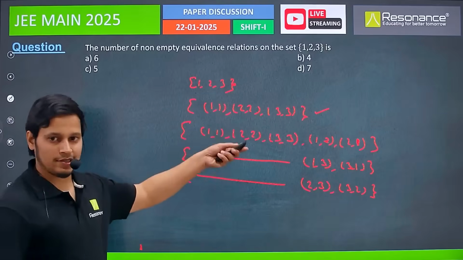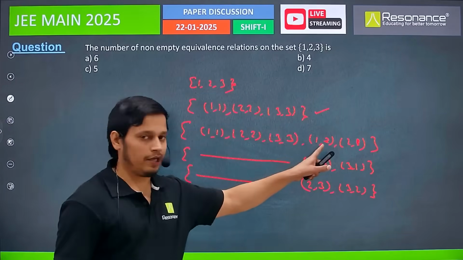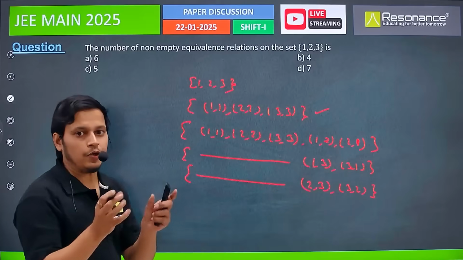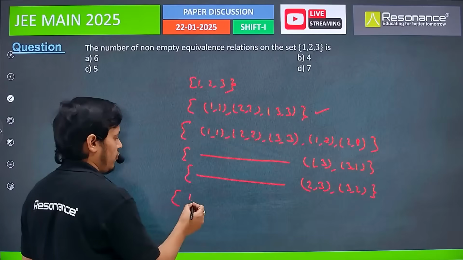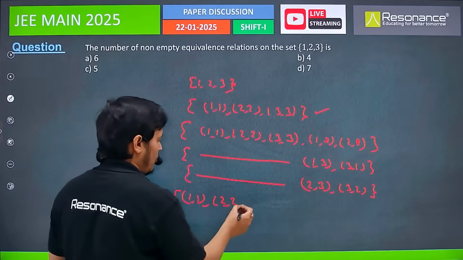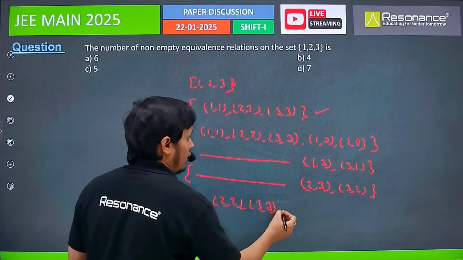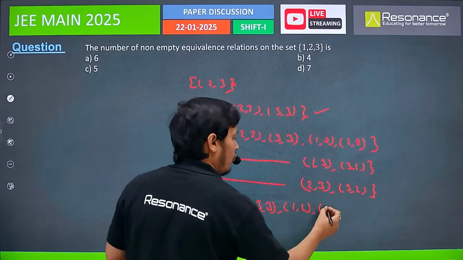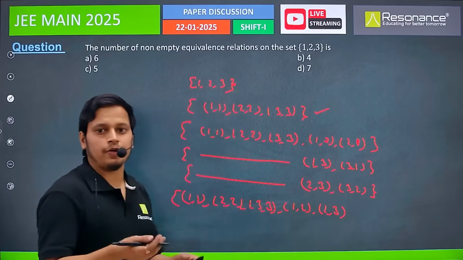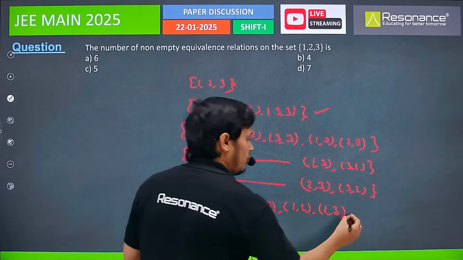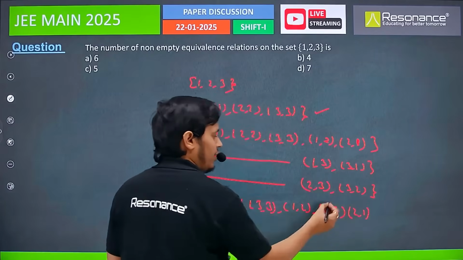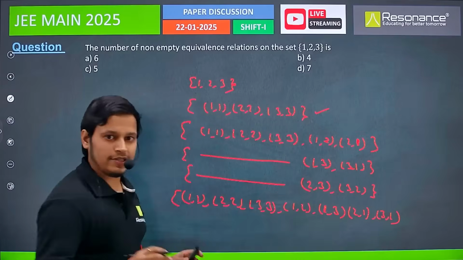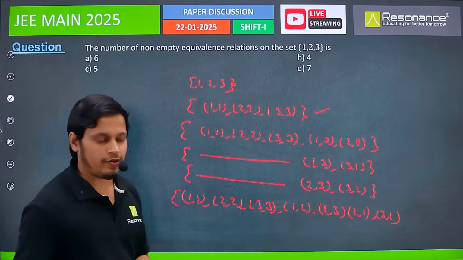Here I took the cases when I am adding only one pair from my side, then one more we need to add. Now the other case is when we are adding two pairs at a time. So (1,1), (2,2), (3,3). If we add (1,2) and one more, (1,3). If I add (1,2), I have to add (2,1). If I am adding (1,3), again I need to add (3,1). Now see, this one is symmetric, but it needs to be transitive also, no?